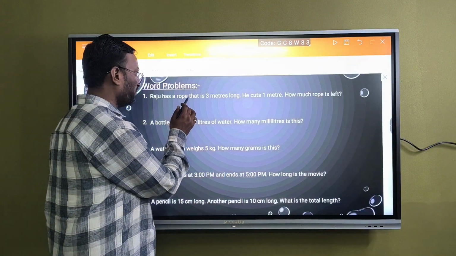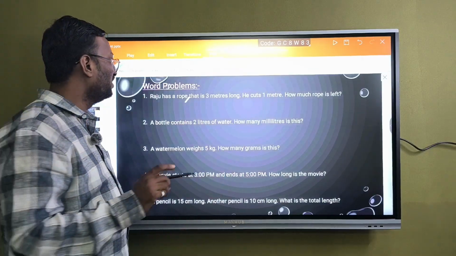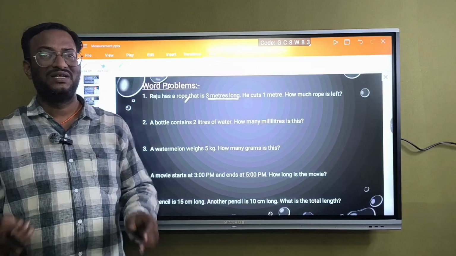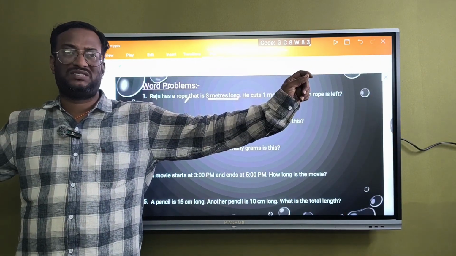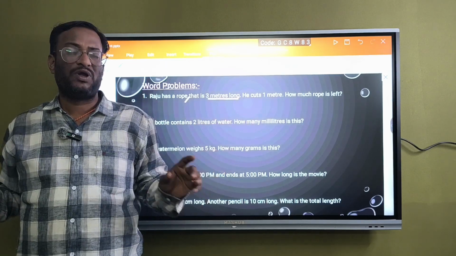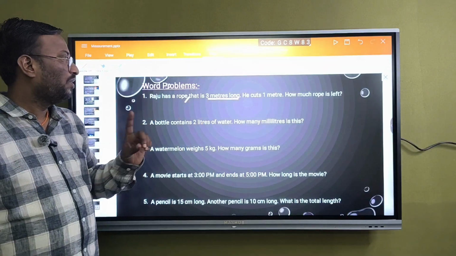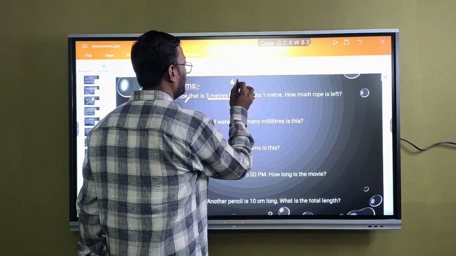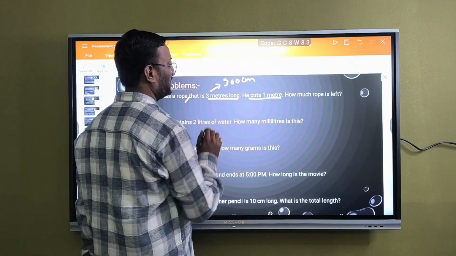Raju had a rope, a small rope that is 3 meters long. 3 meters means 300 centimeters, because 1 meter is equal to 100 centimeters. 3 meters is equal to 300 centimeters. We have to convert that.